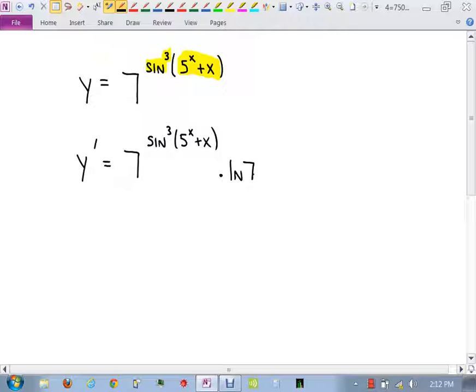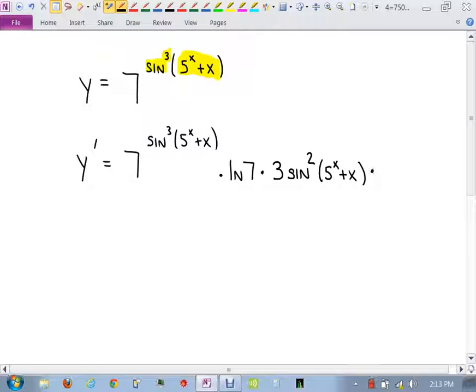But then chain rule says you now need to multiply that by the derivative of the junk. So good, 3, because I'm taking care of the cube now, 3 sine squared of 5 to the x plus x. So now we've taken care of the derivative of something to the third power.